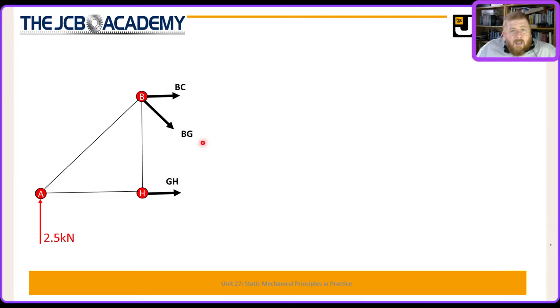I have just removed all of those internal forces because they were annoying me. They were also confusing the diagram. All we care about are these three forces at the section. So what we're going to do is say that the sum of all moments is equal to 0.